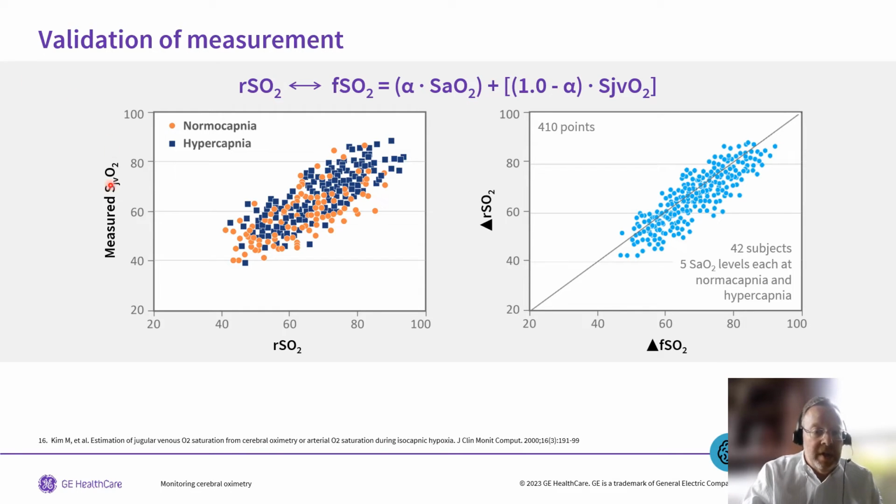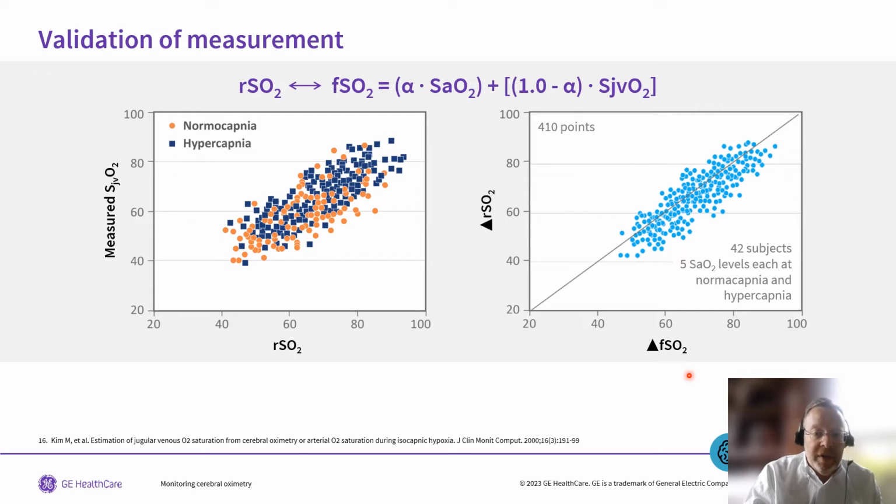So if you look at this graph that compares jugular venous saturation to regional saturation in 42 healthy subjects at various conditions of hypoxemia and hypercapnia, you can see that these values very closely approximate the center line, which tells you that these values are very well correlated.